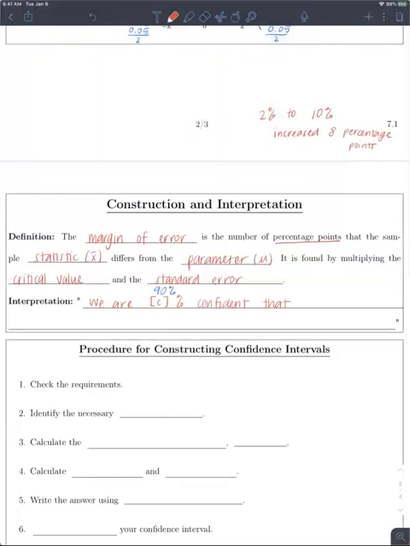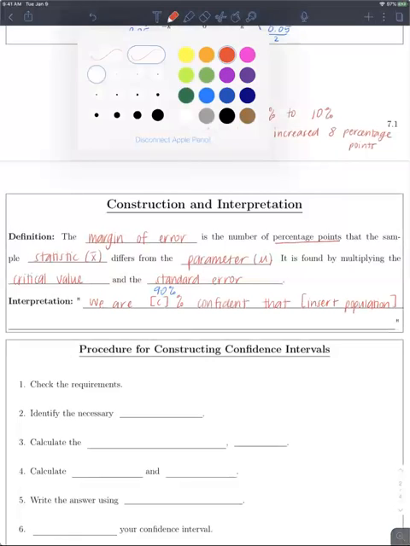What goes after this is, do you remember when we were interpreting our hypothesis tests, you basically had to go back up, read the problem statement, and copy it? That's essentially what you're going to be doing here. If I were doing my Cal Poly heights example, I would say we are 95% confident that the average height for every student at Cal Poly. Here you just need to insert your population.